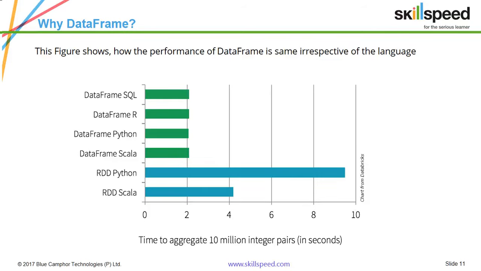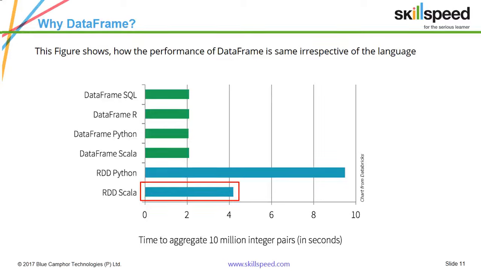So here you can see a graph which shows a very interesting example. We are trying to aggregate 10 million integer pairs, and we are doing it using core Spark and Spark SQL. When you look at the graph, you can see that if you write your core Spark in Scala, it takes somewhere around 4 seconds.